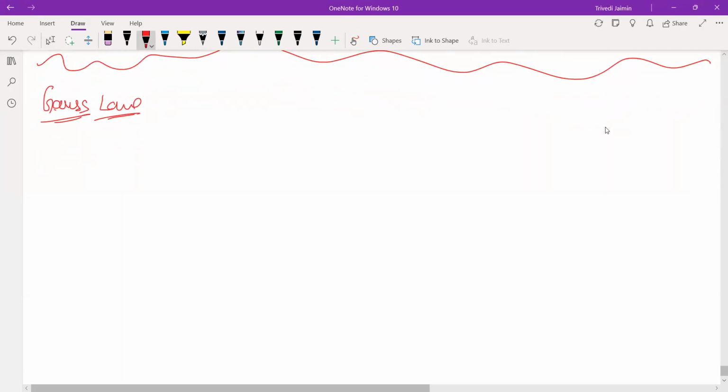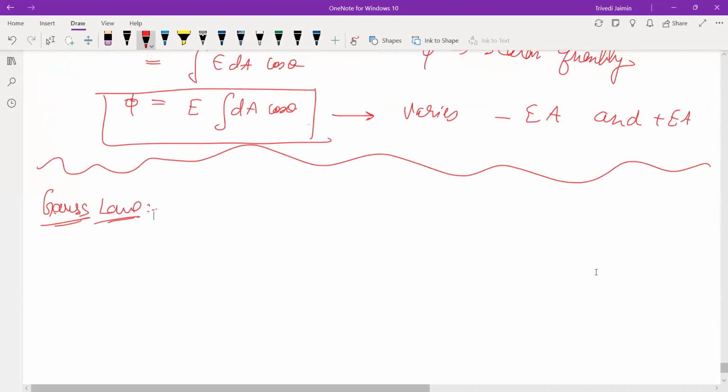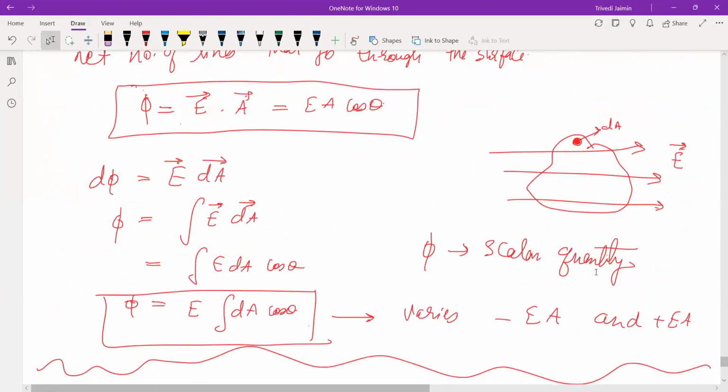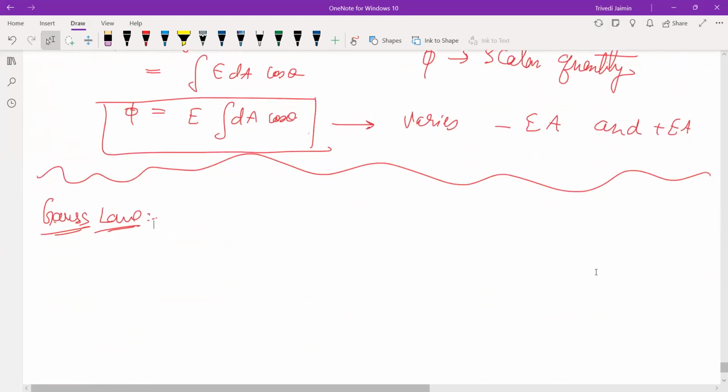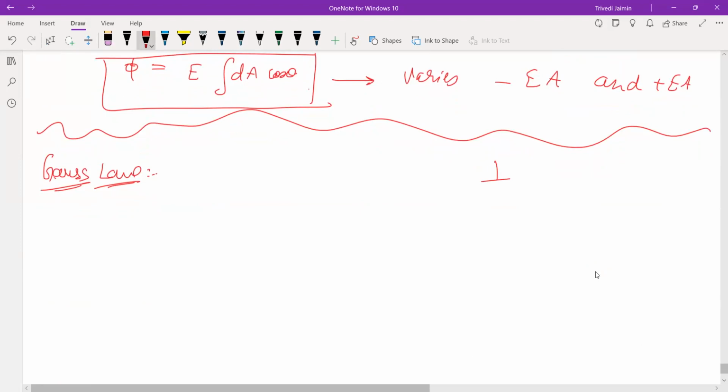We just need to know that whatever flux we found throughout all this surface will be similar to 1 by epsilon naught times something. So epsilon means what? Permittivity. If you remember, what is permittivity?